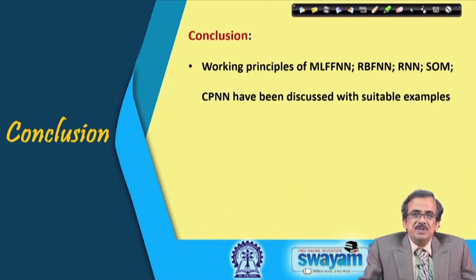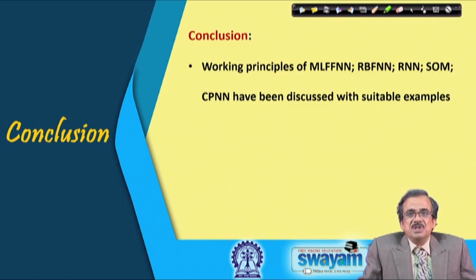It is also an efficient tool for clustering, and using the concept of the self organizing map we have discussed how to design and develop the counter propagation neural network, and once again the purpose is to model the input output relationship.